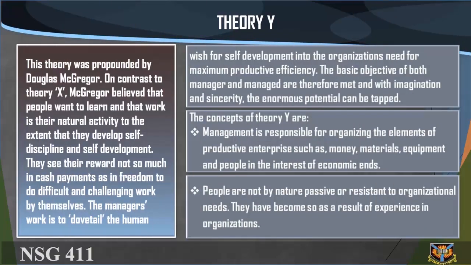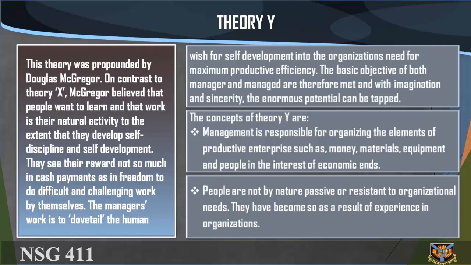Theory Y. This theory was propounded by Douglas McGregor. In contrast to Theory X, McGregor believed that people want to learn and that work is their natural activity to the extent that they develop self-discipline and self-development. They see their reward not so much in cash payment as in freedom to do difficult and challenging work by themselves.